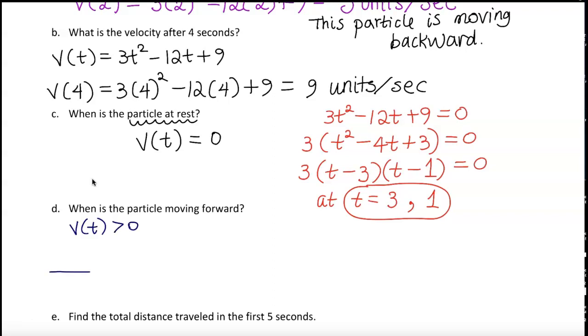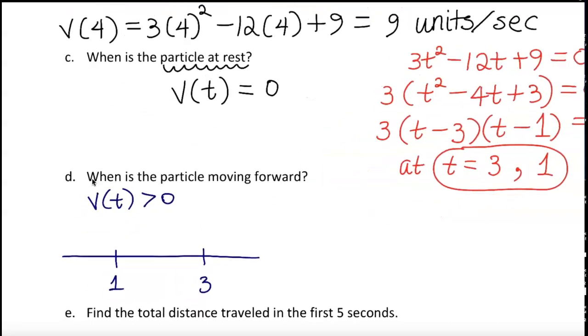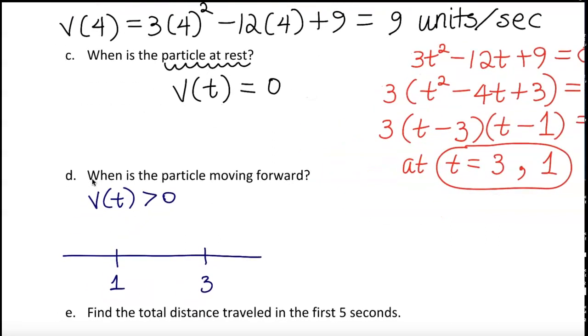What we know is that the velocity is 0 at 1 and 3. So what we need to do is check these 3 intervals: to the right of 3, to the left of 1, and in between 1 and 3. It has to be greater than 0. So let's plug in some values in each of these intervals to check the sign.